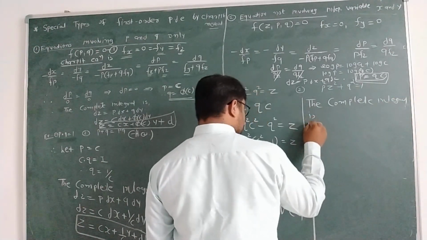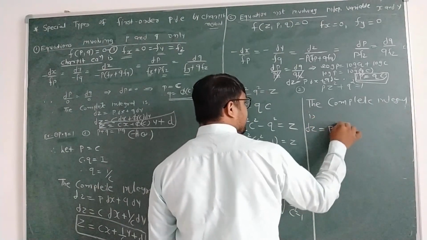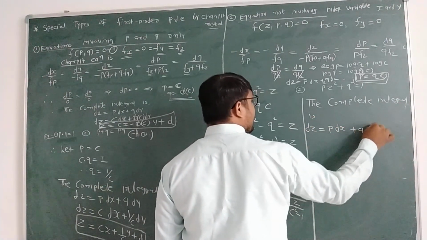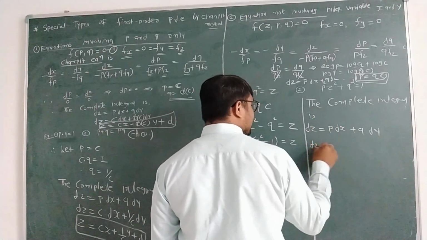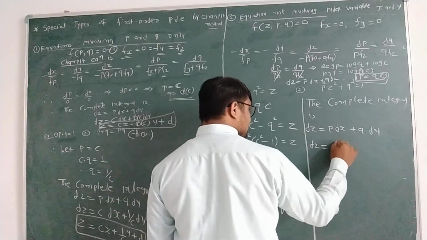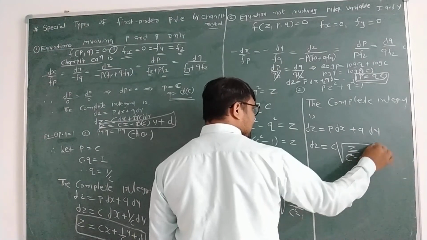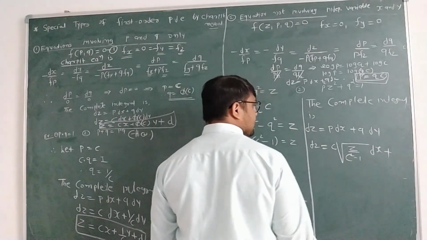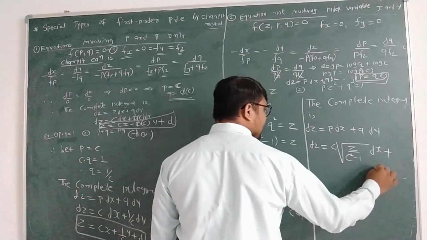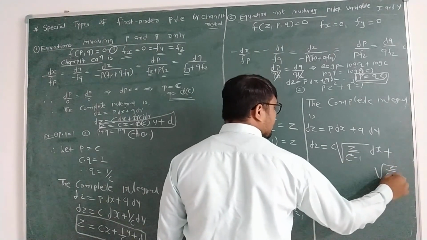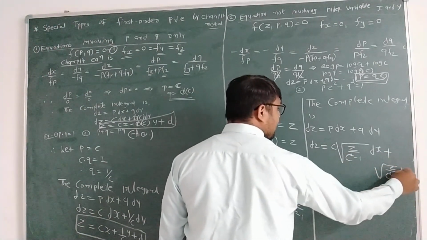is dz equals p dx plus q dy. So dz is as it is, p is nothing but c under root z over c square minus 1 dx plus q is z under root c square minus 1 dy.